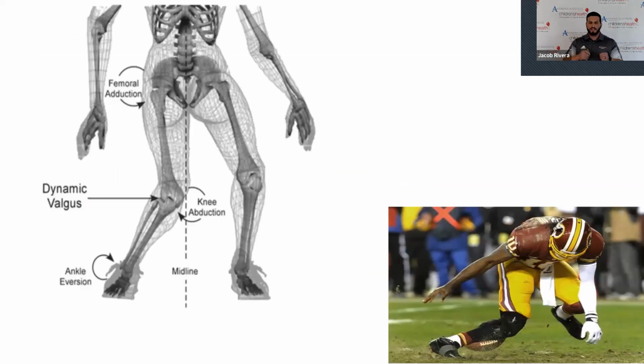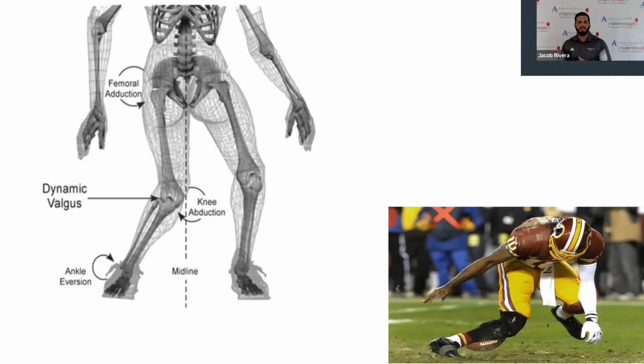So let's take the lens of focusing on the ACL injury mechanism. From here on out, I'm going to try to focus on the ACL injury mechanism, and then as we go, hopefully, once again, continue to see how this can be applied differently. Ultimately, if I was thinking about the ACL injury mechanism, I could also think about the rotator cuff tear injury mechanism. I could think about the meniscus tear injury mechanism.